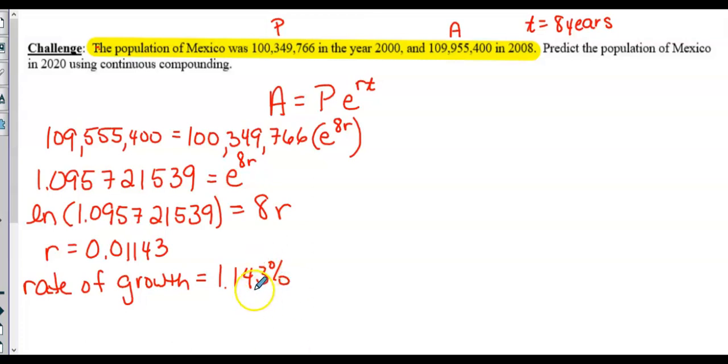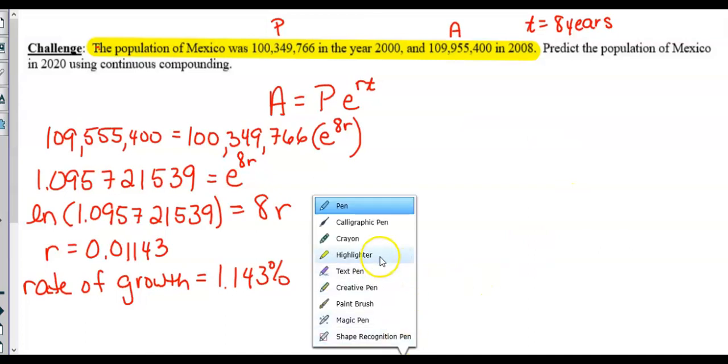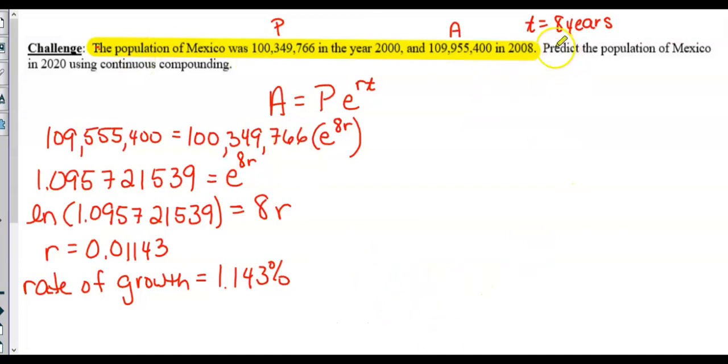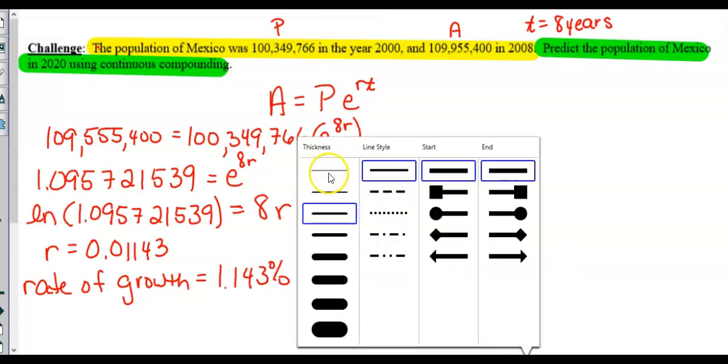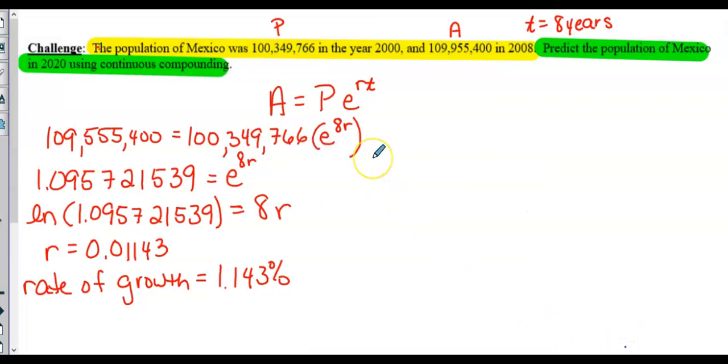I'll still use this number in my formula over here. Now I'm going to look at the last part. It says predict the population of Mexico in 2020. I'm going to start with my original number again. I'm not going to use this number right here. 2020 is 20 years from 2000. So if I use my original number, what I'm looking for is the population. So that is my future number.